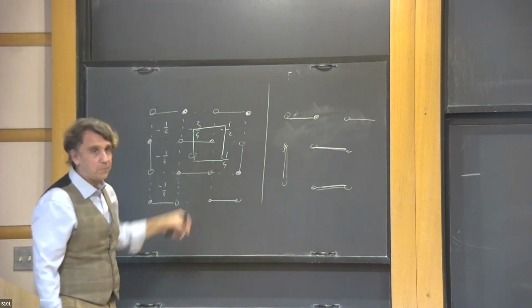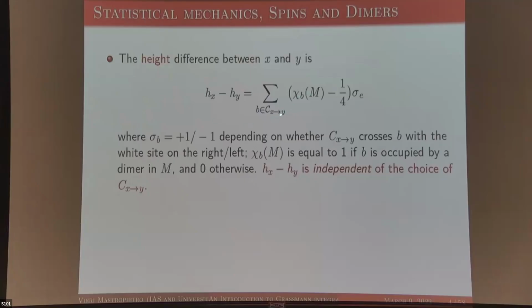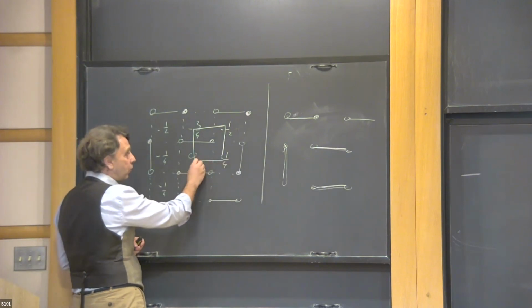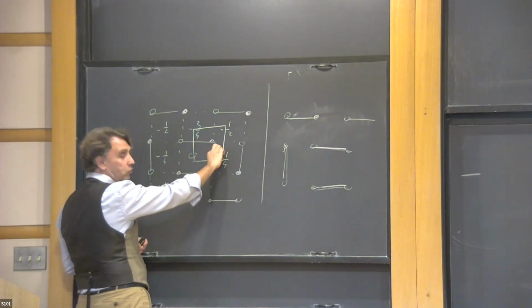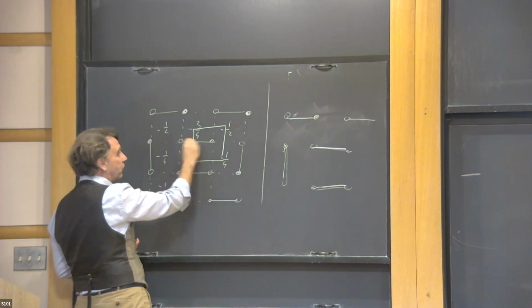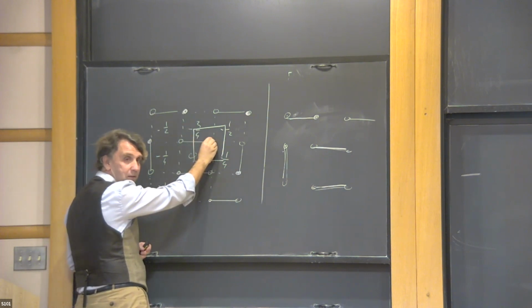Yes, and you can verify. Chi, okay, sigma is plus or minus depending on whether the path crosses B with the white side on the right or left. I will show you what it means. Chi is 1 if B is occupied. So for instance, if I'm going from here to here, you are crossing this, but this is not occupied, so it's 0. Instead, going from here to here, you cross this, then chi is 1.